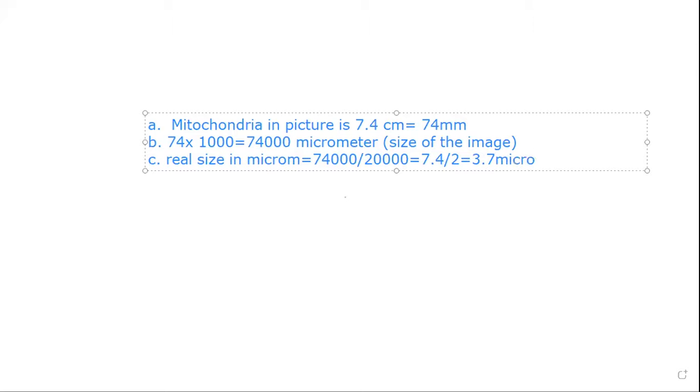So you get 3.7. That is your answer. Next: how many of these mitochondria could you line up end to end between two of these marks on your ruler?